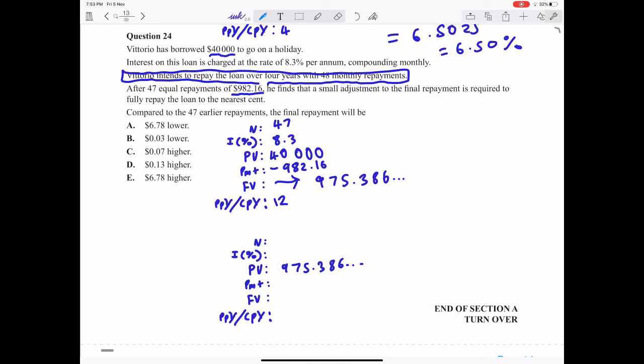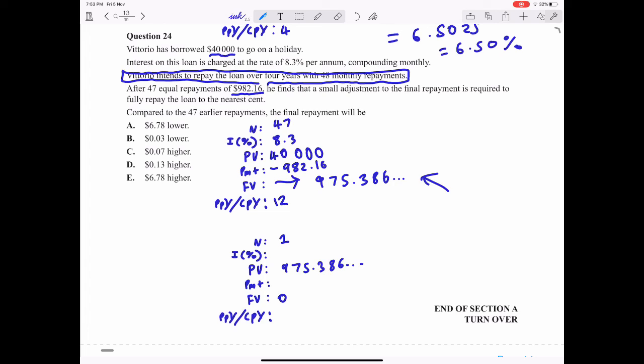And we know that after one more repayment, the value of the loan will be 0, because this is the value after 47 monthly repayments. So after 48 monthly repayments is from the 47th repayment to the 48th repayment, which is basically one repayment in between them until the loan becomes 0.